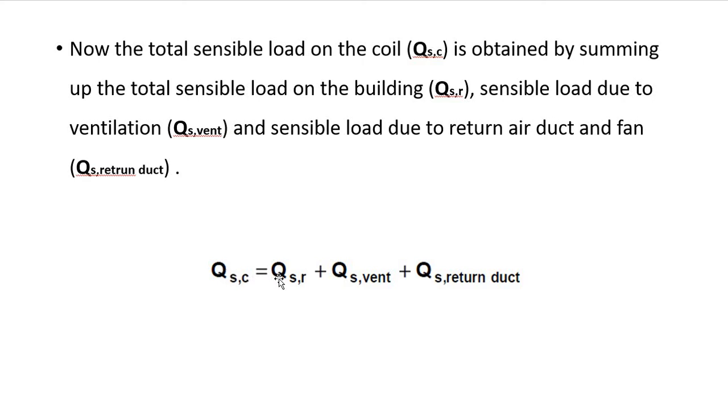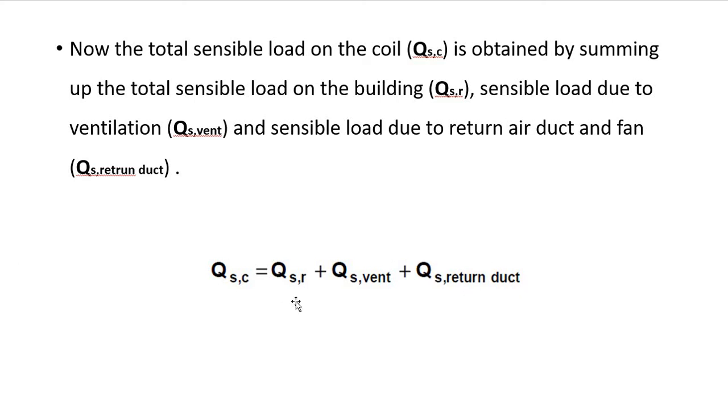It is equal to total sensible load on the building, that is room sensible heat, plus sensible heat due to ventilation, additional air that we are supplying for ventilation purpose, and QS return duct, sensible heat gain in the return duct.